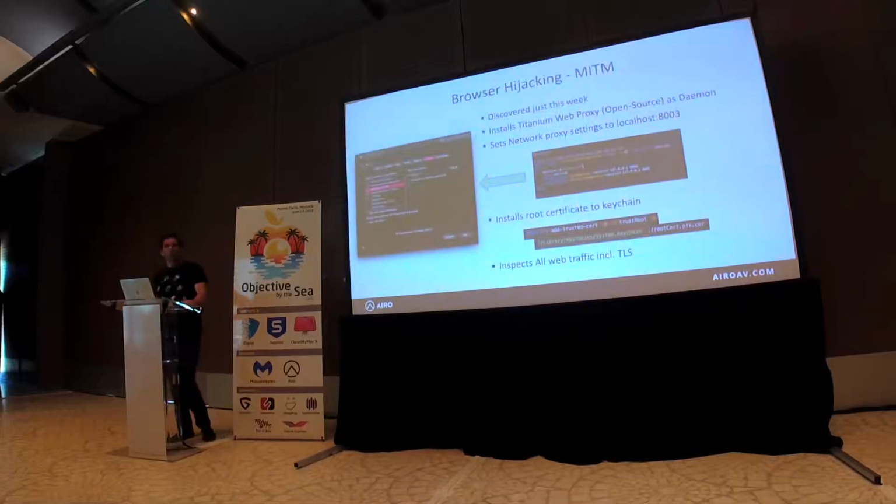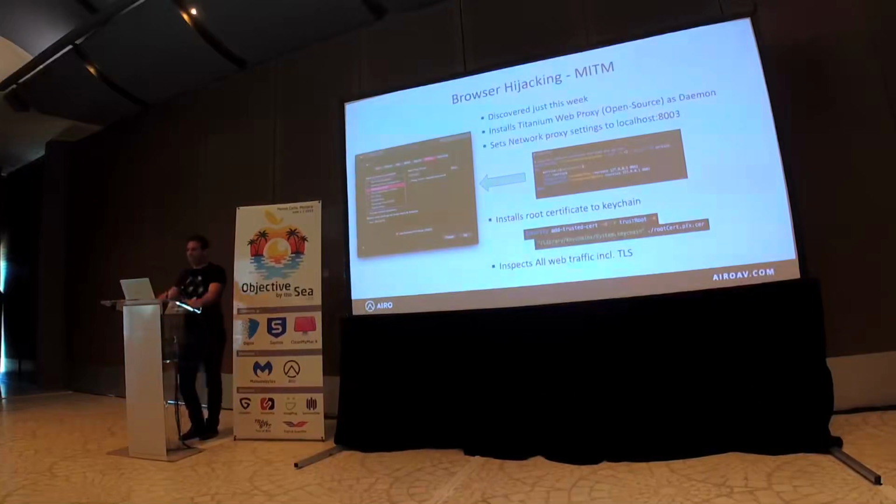And now, something that we discovered just 2 days ago, which we already added into the presentation. This actor is actually doing a man in the middle. It drops a program called Titanium Web Proxy, which is open source and which they use as is.